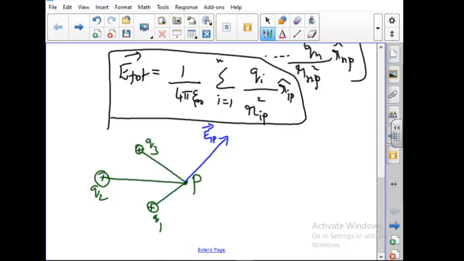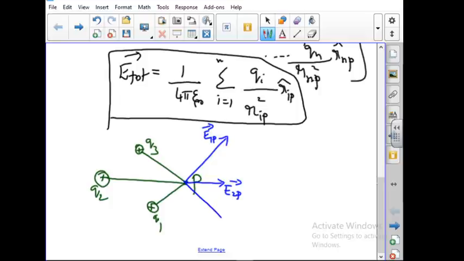So let us take the charge Q2. Q2 is far away from the point P when compared to the other charges. Therefore, the electric field will be less, and it is also pointing outwards. So it is represented by E2P. And what is Q3? This distance is intermediate between Q1 and Q2. Therefore, the electric field is lesser than E1P and greater than E2P.